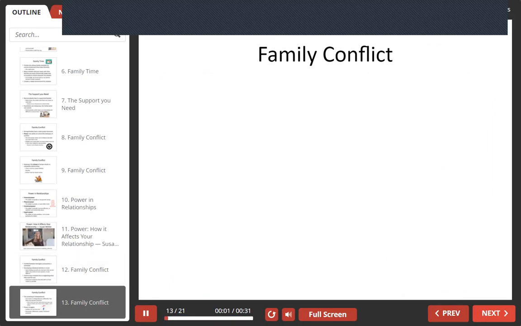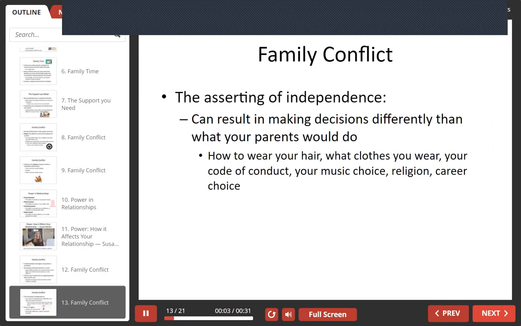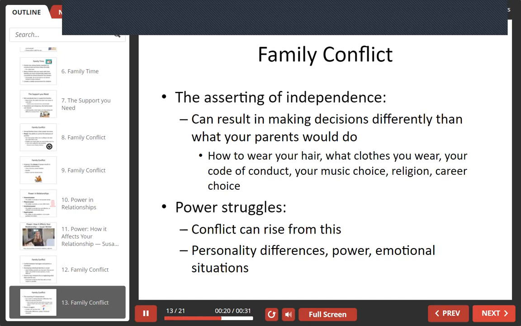The asserting of independence, on the other hand, can result in making decisions differently than what your parents would do. This can include how to wear your hair, what clothes you wear, your code of conduct, your music choice, religion, career choice, etc. And power struggles can have conflict rise from this. This can be from personality differences, power differences, as well as emotional situations.